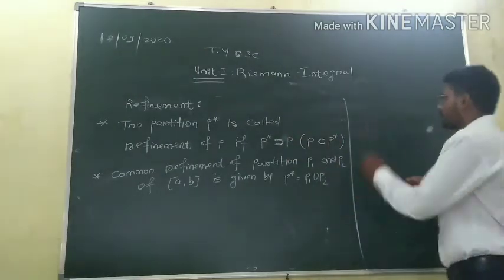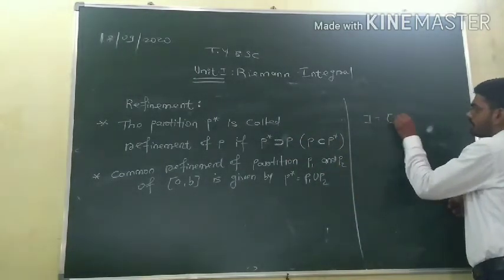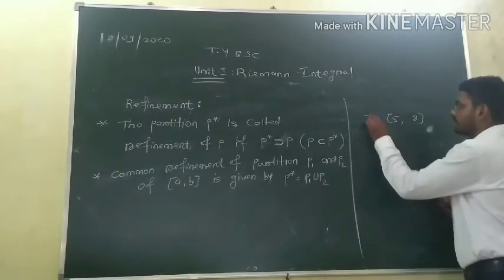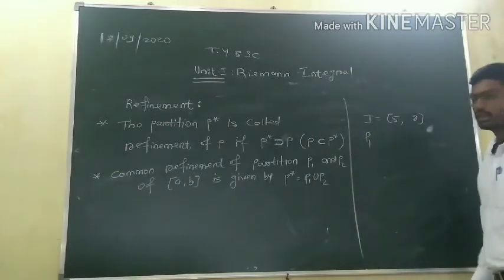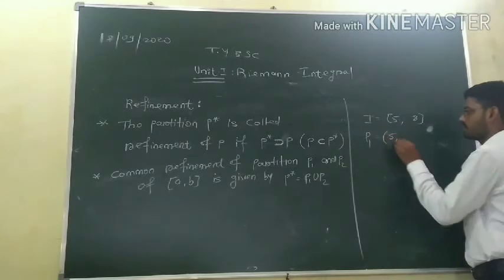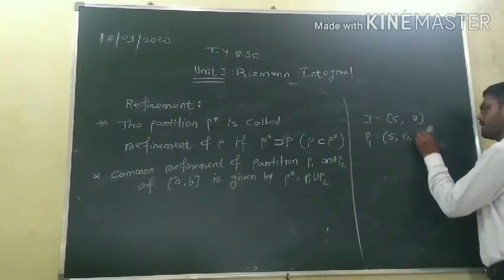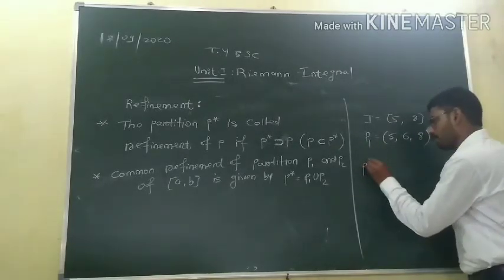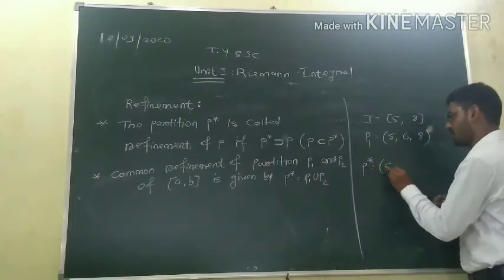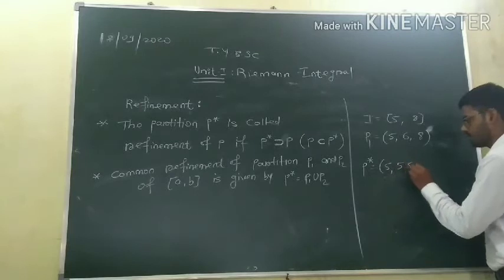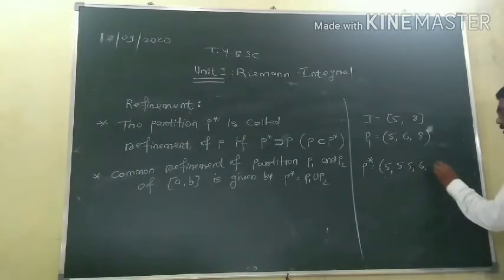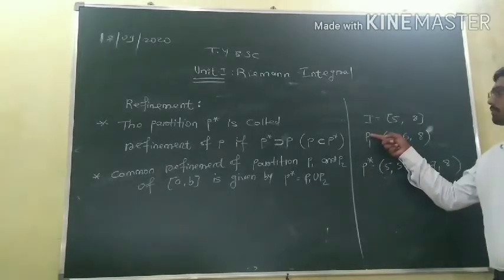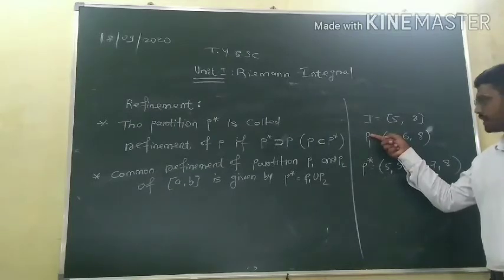For example, consider the interval I, which is the closed bounded interval from 5 to 8, and we take the partition P1 as {5, 6, 8}. If we take P star as {5, 5.5, 6, 7, 8}, then this P star becomes a refinement of partition P. Why?